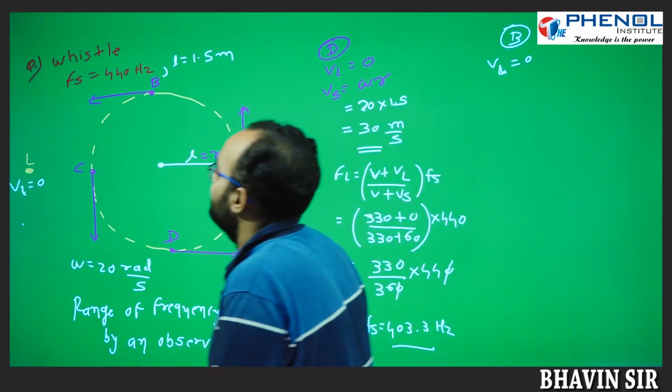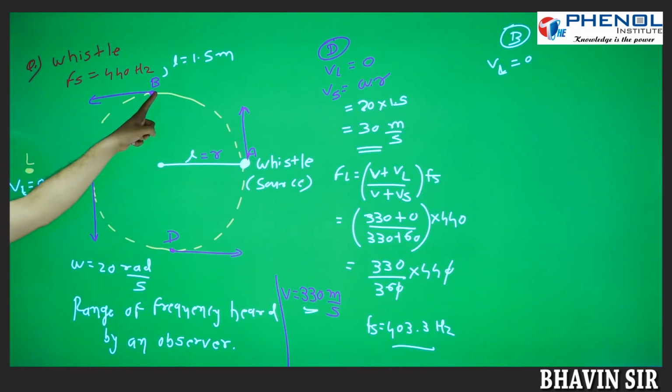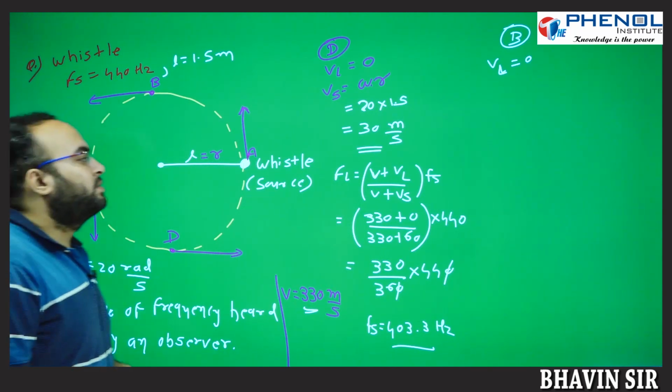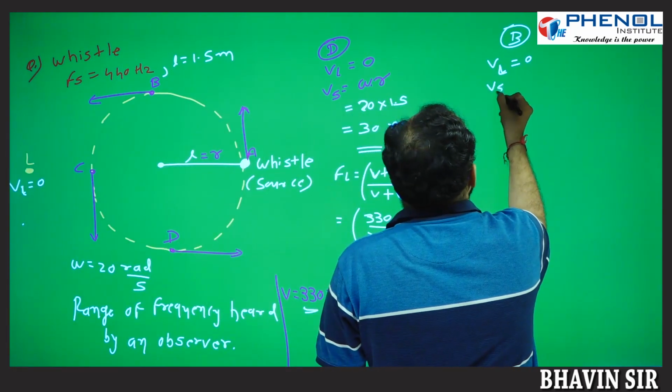At point B, the direction of velocity is from S to L, source to listener, so we consider it negative.